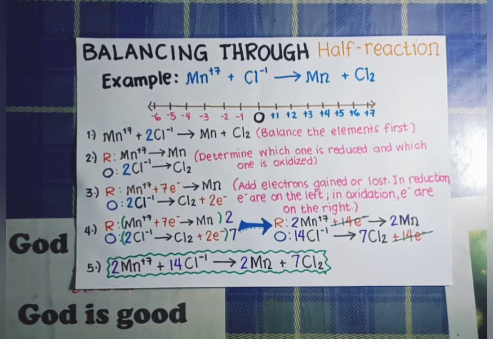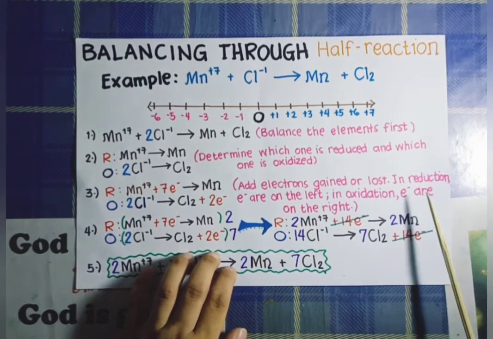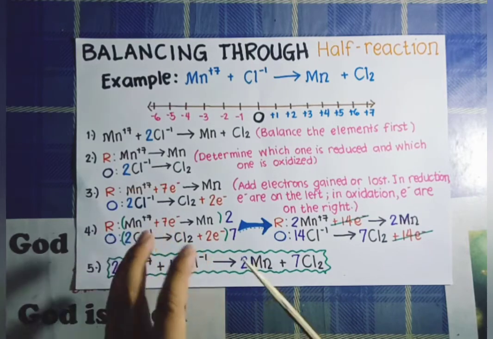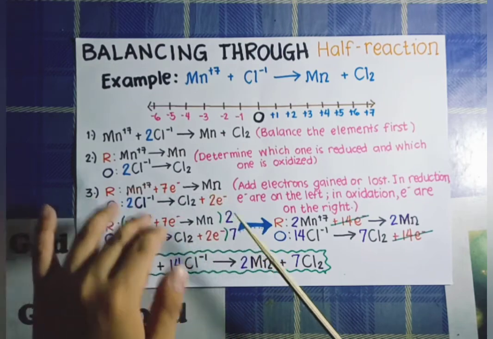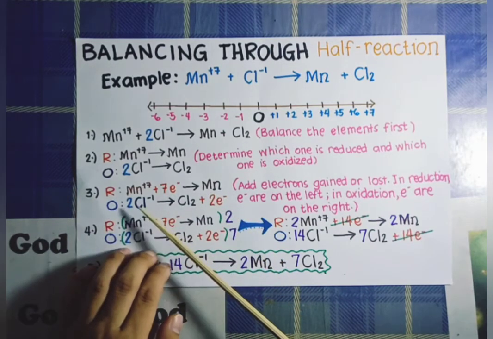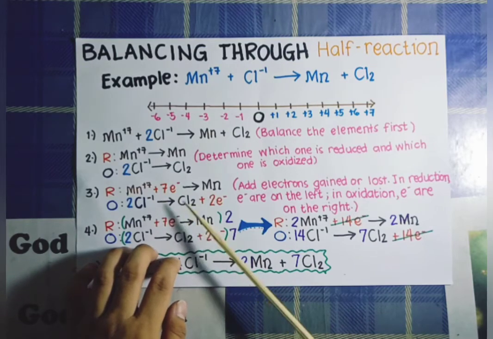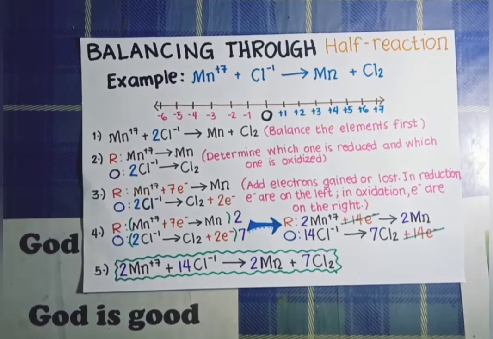Where are we going to put those 2 electrons? Again, in oxidation, electrons are always on the right side of our equation. So we will have the equation: 2 chloride ions with a charge of -1 yield chlorine gas plus 2 electrons.